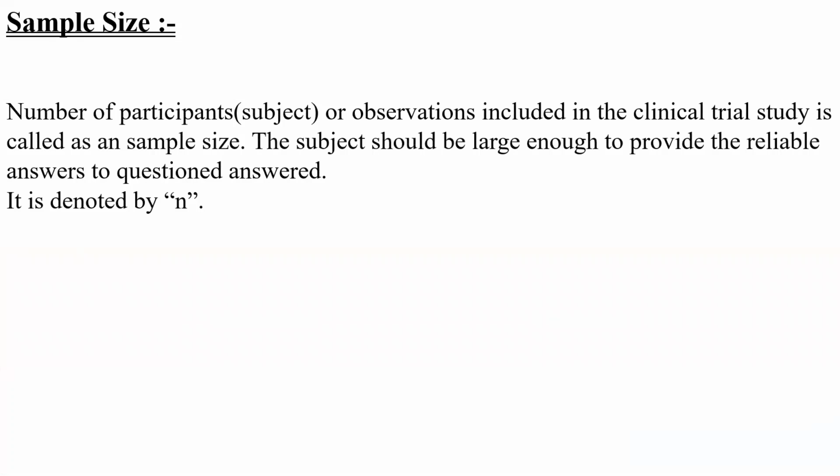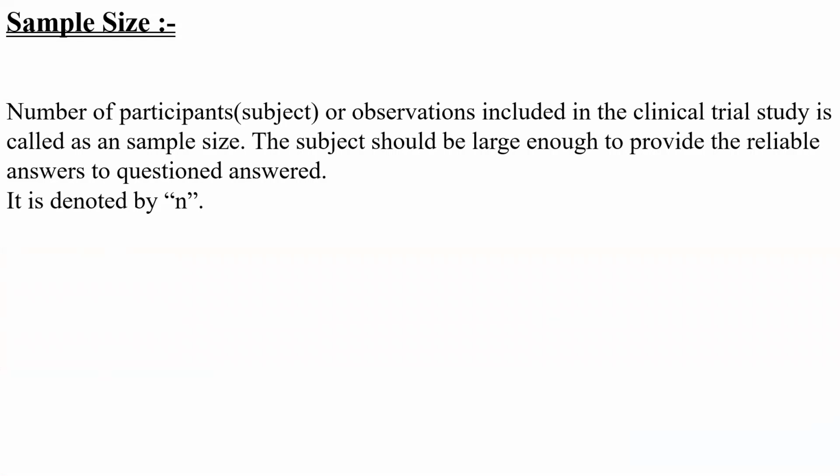Next is sample size. The number of participants or observations included in the clinical trial study is called the sample size. The participants are the persons or groups taking part in the clinical trial, and the total number of them is the sample size.